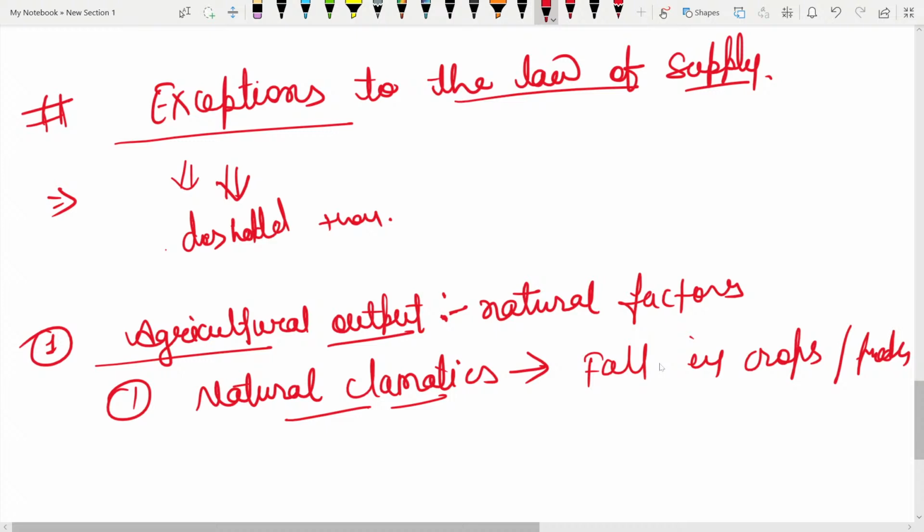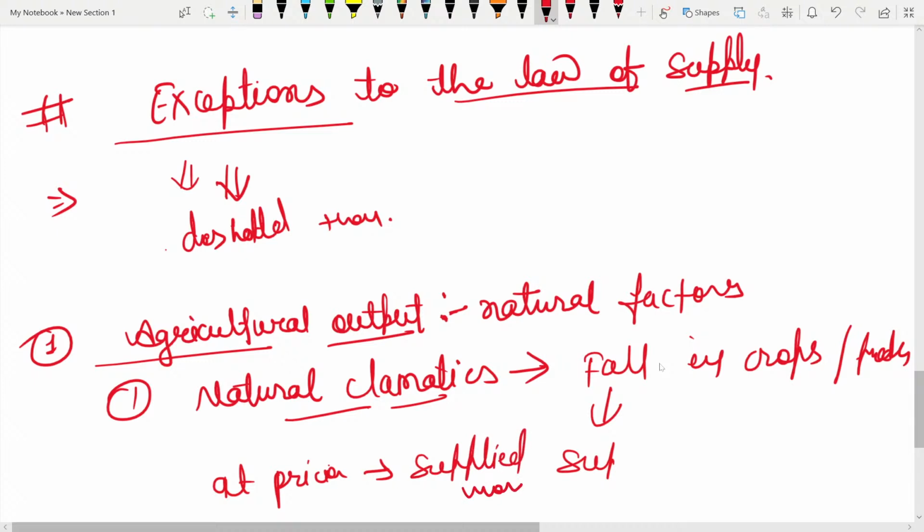So supply will not increase no matter what the price is.